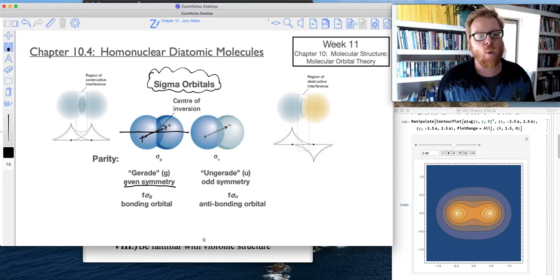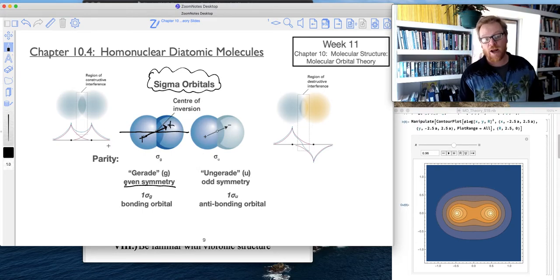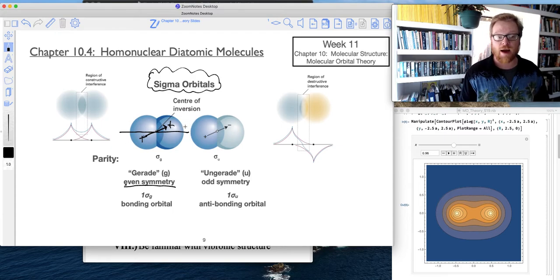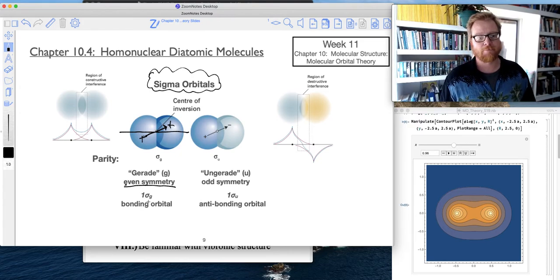If the wave function does not change signs when I go above and below that line, in other words, if they're both positive, then it's called gerade symmetry. When I earlier alluded to the 1 sigma g, that's where that g comes from. So our bonding sigma orbital is 1 sigma g.